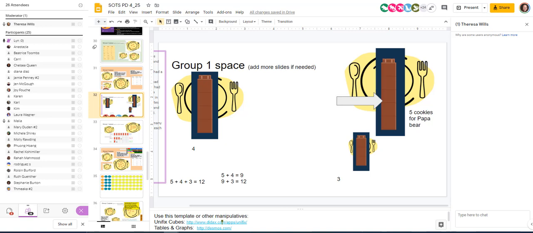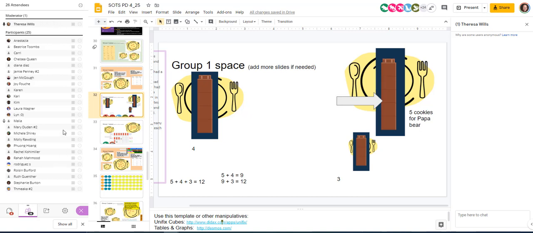And then they can physically move the blocks around to make the various combinations of 12. They may not be able to do it abstractly in their head just yet. Nice. Absolutely. Malia? I also like this model when you're comparing amounts, because it's easy for them to see how much more and how much less you might have in different groups.